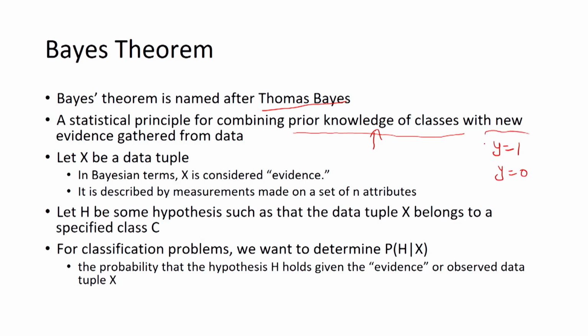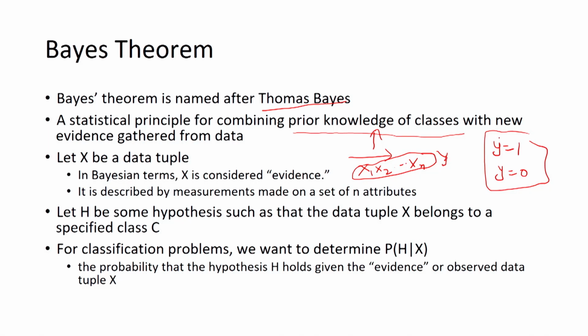So, there is some prior knowledge of this, and then based on the data, based on the new instance that we are getting. The new instance is x1, x2 up to xn. Based on these new values, we will try to get a posterior probability of y. So, what will be the actual y?